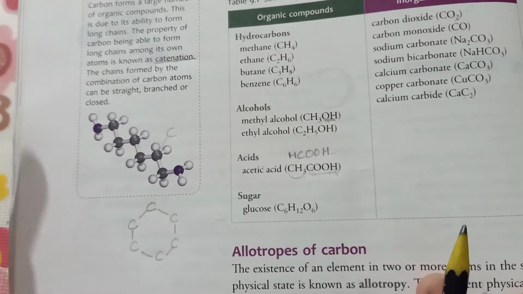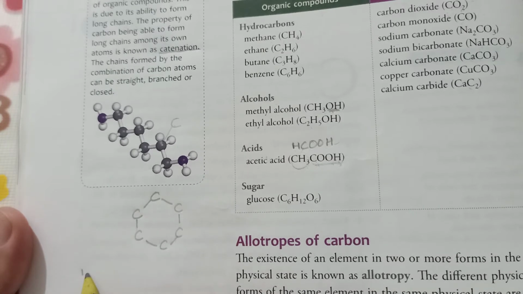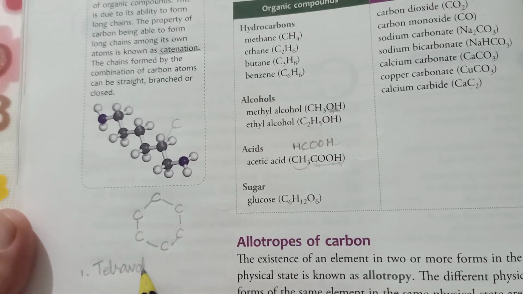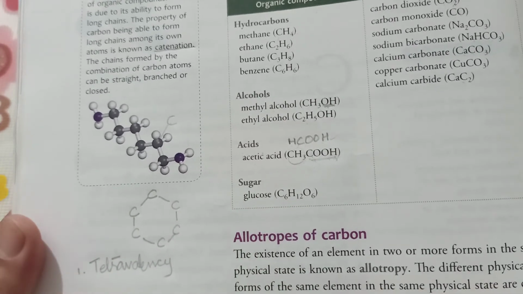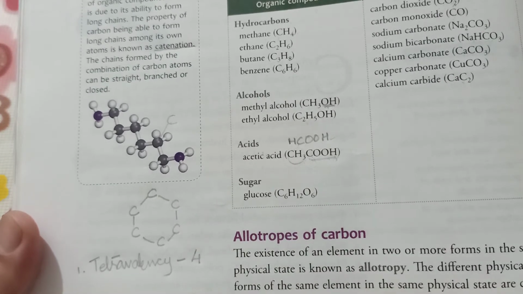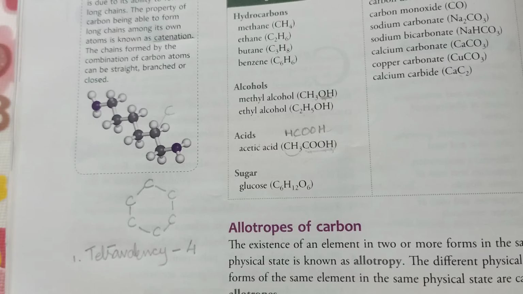The second property, which is not mentioned in your book but I would like to tell you, is tetravalency. Tetra means 4, and valency is the combining capacity. We learned earlier that the valency of carbon is 4. So tetravalency is the ability of one carbon atom to combine with 4 other different atoms.